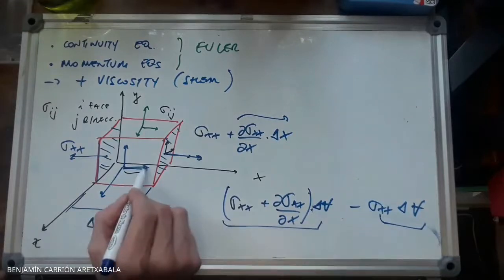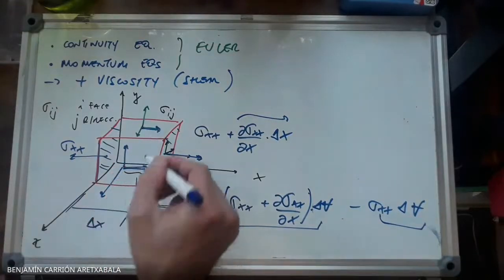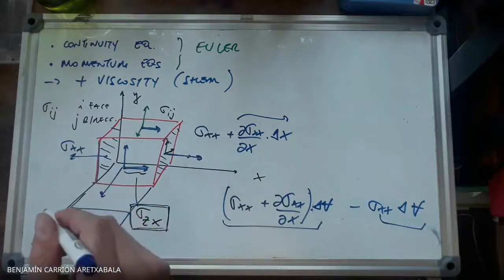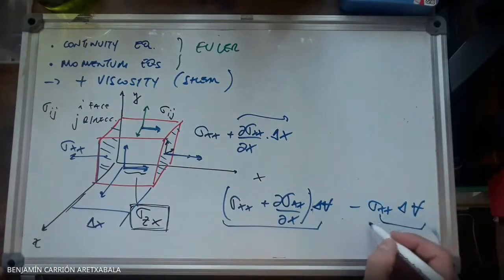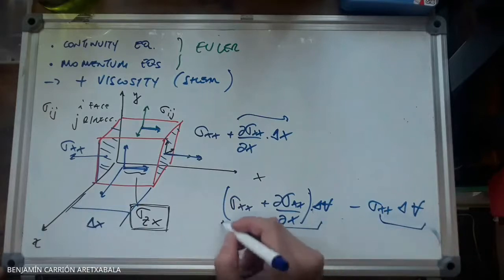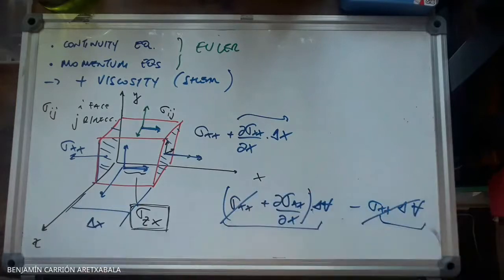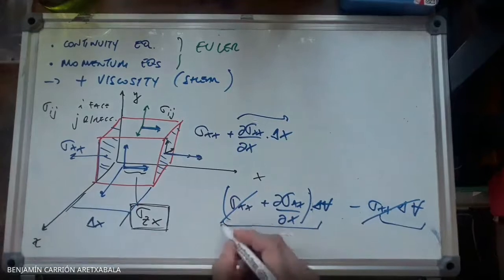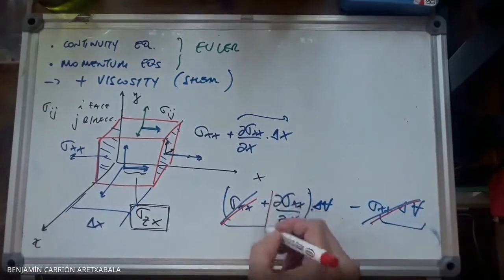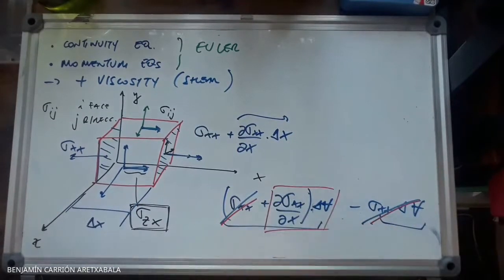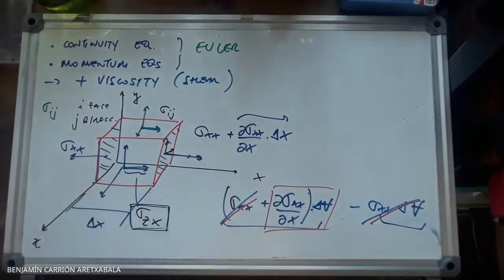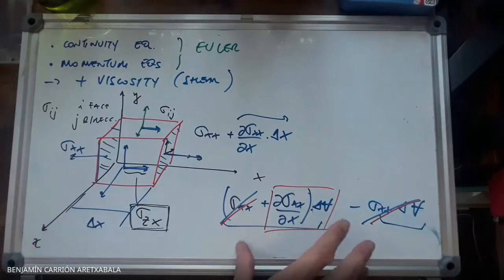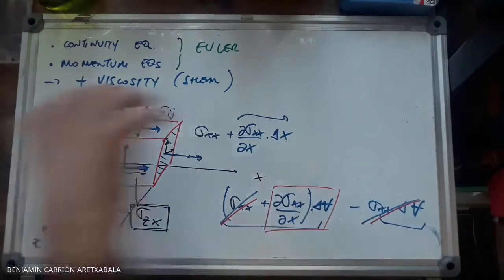You also have this one and this one on the other sides, right? But from here it's clear that only the gradient will remain. So the net contribution to the forces acting on this small volume due to shear stresses are due to the gradients. Okay, so this is the key point.